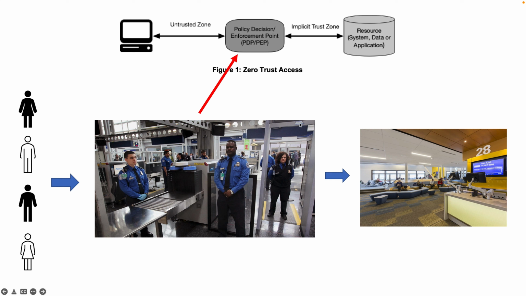In this example, all the passengers after the checkpoint can use all the resources in the boarding area. They can have water, food, or go to the bathroom, or sit down. The police will not check passengers in this area because they are implicitly trusted that they all have valid tickets. Not only all passengers, but also airport employees, aircraft crew, no matter what role they are, as long as they are in this area already, all the individuals are considered trusted.